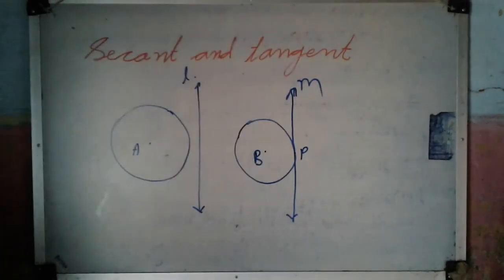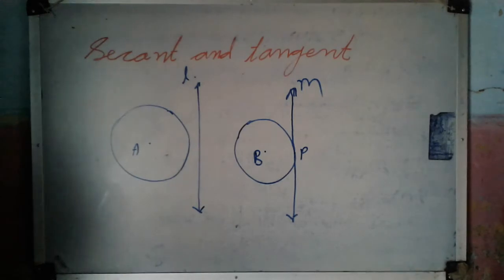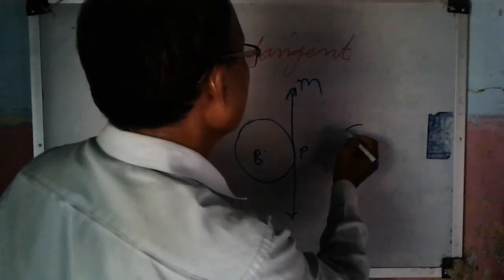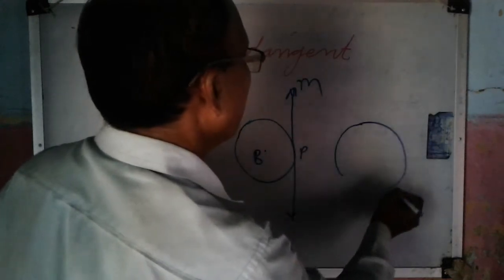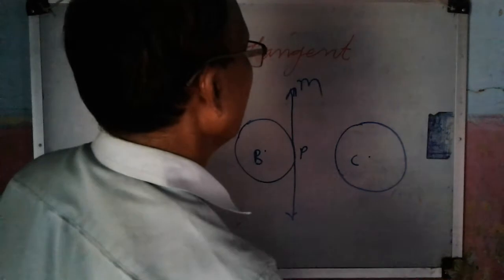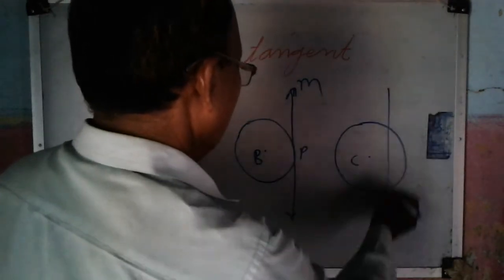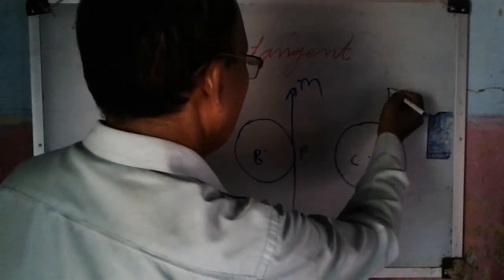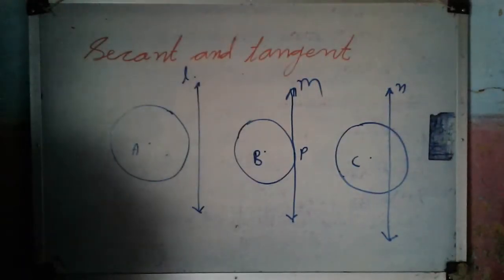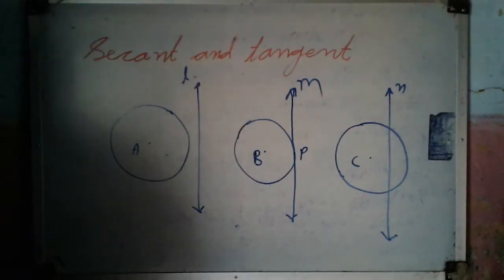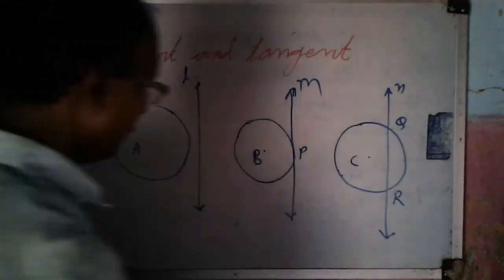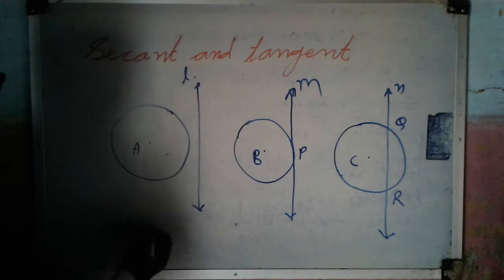And in third figure, a circle with center C, and line N which intersects the circle in two distinct points. This is the first figure, second.